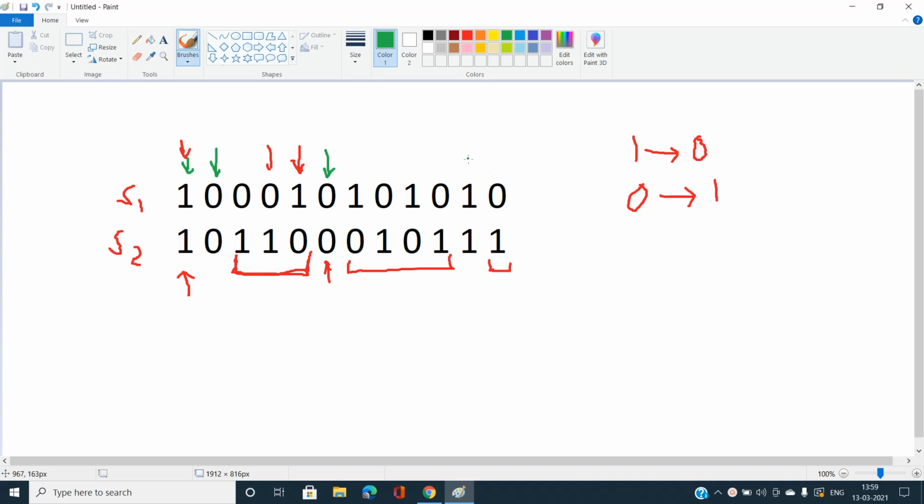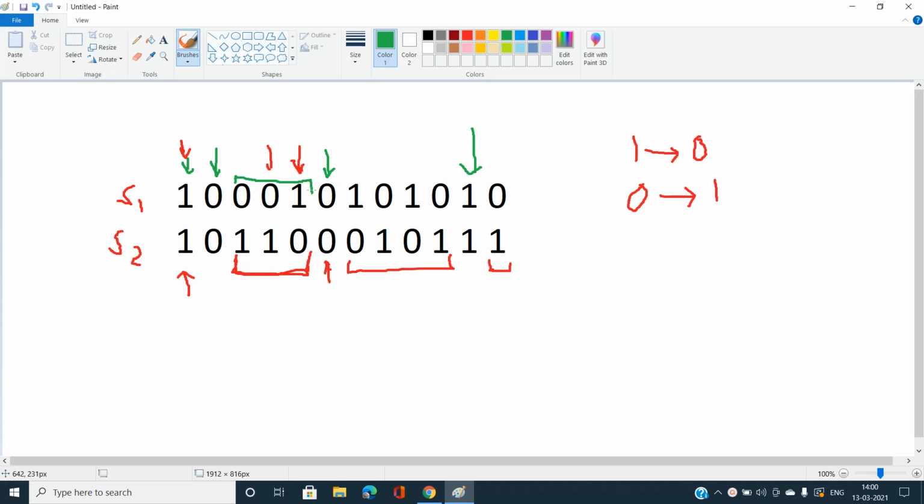I am going to perform the operations on those characters that are unequal, and we are going to choose a segment, because to minimize the number of operations we need to maximize this segment, so that we can perform a single operation on all the elements and all the characters will become equal. So I am going to choose a single operation, convert all the characters of this segment of S1 and flip all the bits.